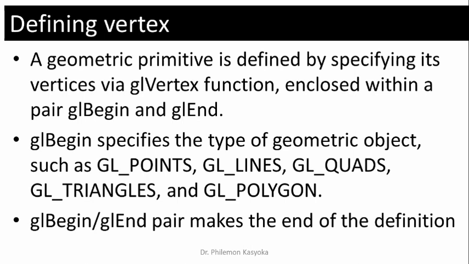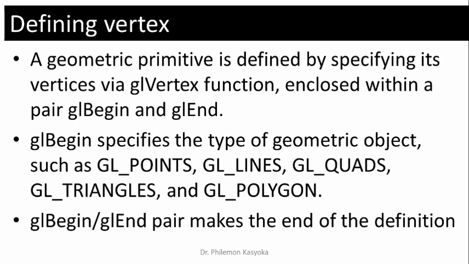A vertex is basically a geometric primitive that is defined by specifying its vertices, that is via the glVertex function. You give it an enclosing where you begin from glBegin and then glEnd. So your code comes within the glBegin and the glEnd.